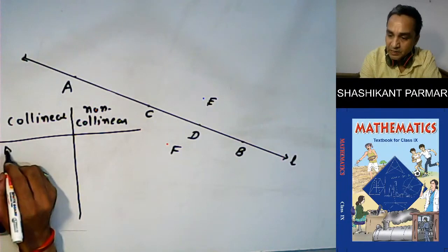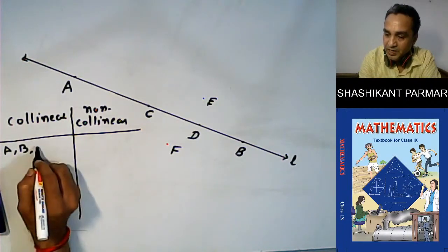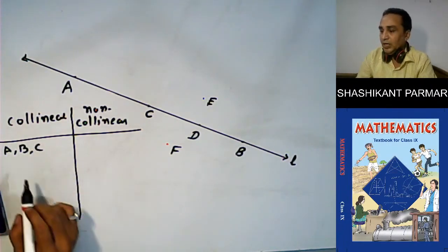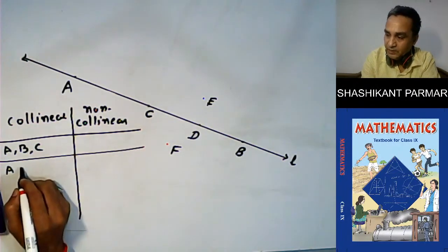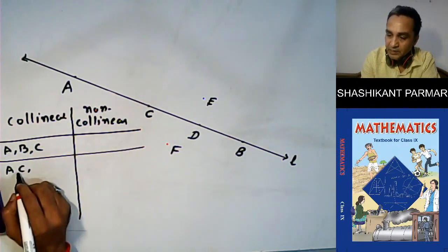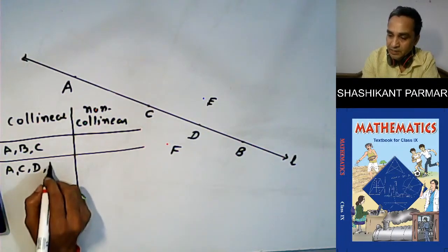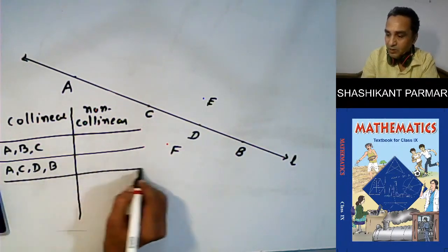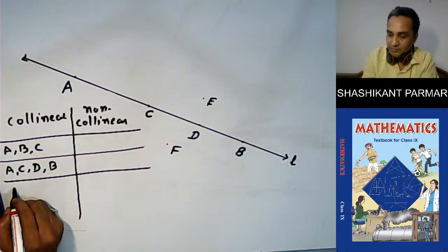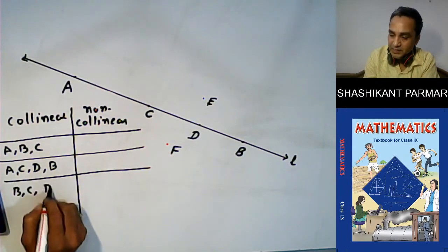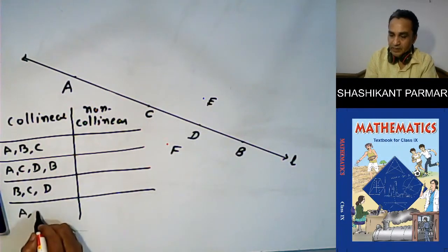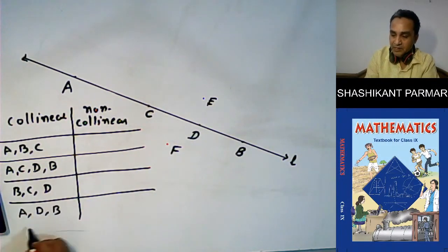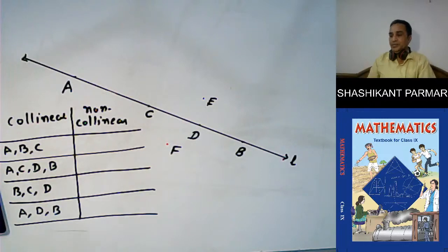So see here, A, B, C collinear. A, C, D, B; B, C, D; A, D, B. These all are collinear points.